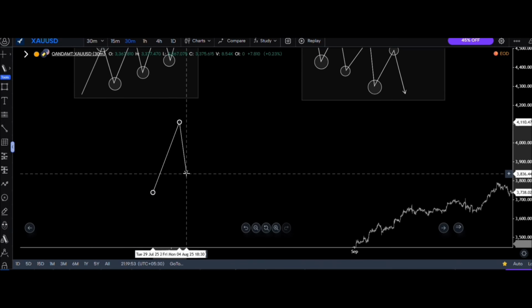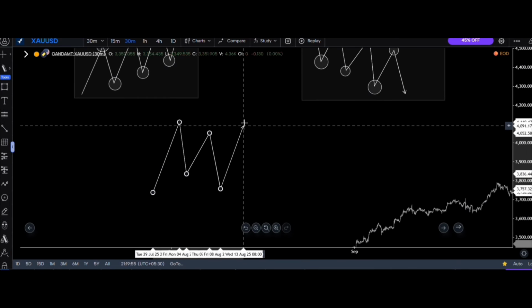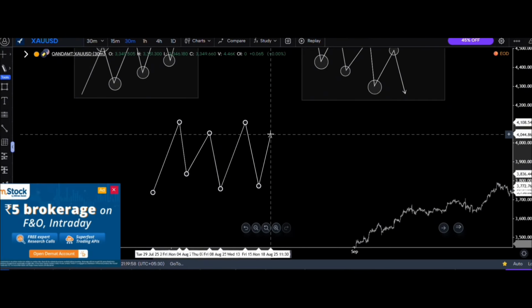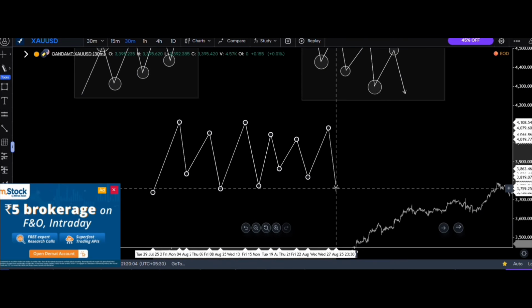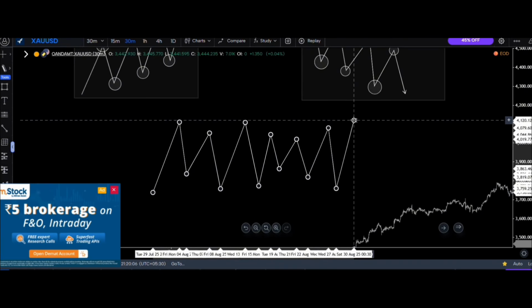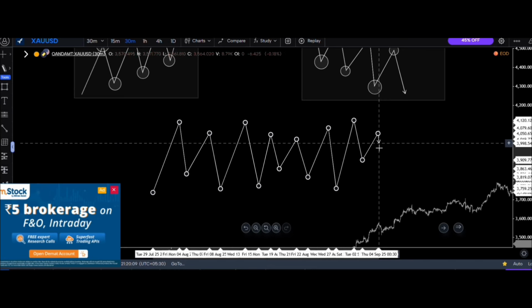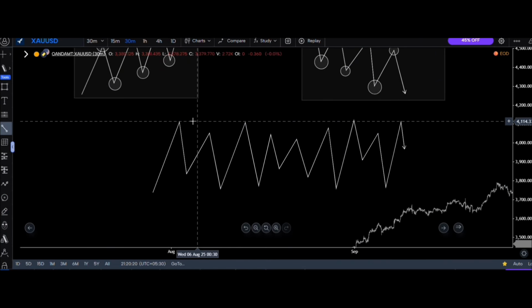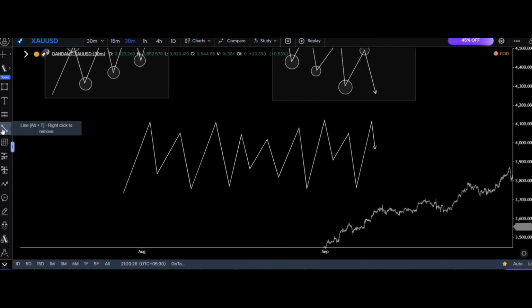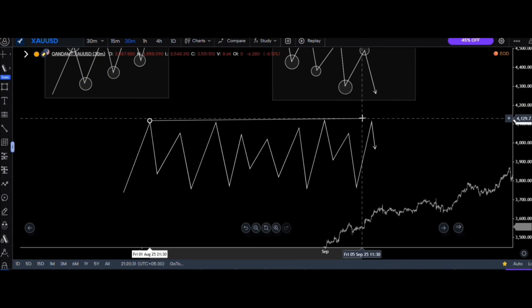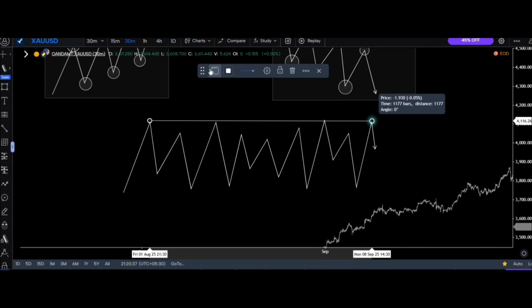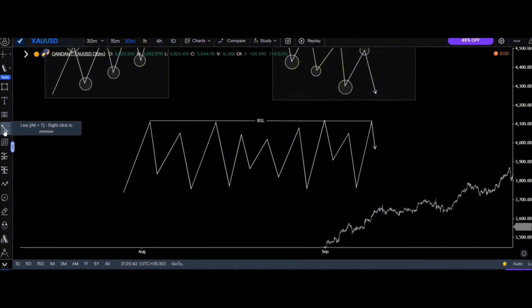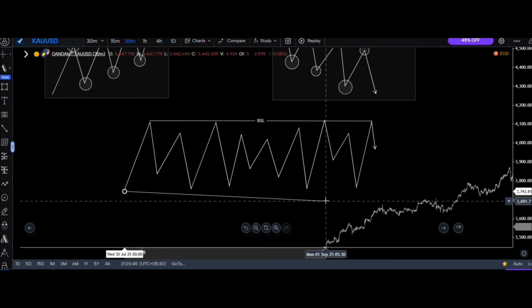Consolidation is when the market moves sideways without breaking the high or the low. The market keeps moving in a range, manipulating the retail traders. We have the liquidity from this side. You can see here, we have the buy side liquidity, and here we have sell side liquidity.